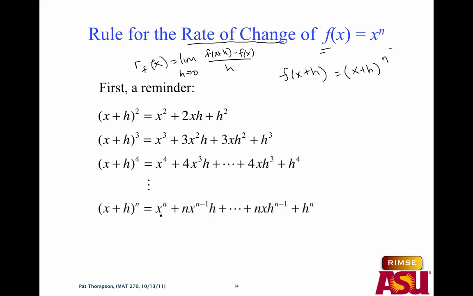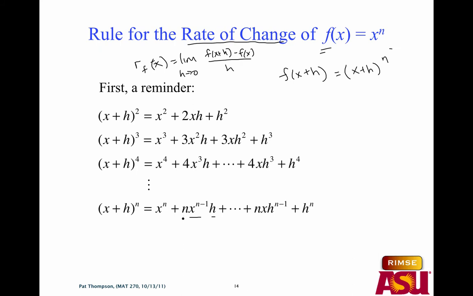The things to observe here are that the first and last terms are raised to the nth power. The powers of the x and the h in the middle terms add up to n, and we get different coefficients along the way.